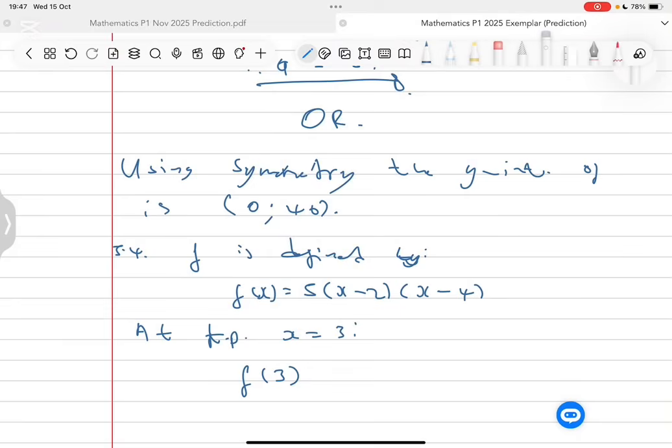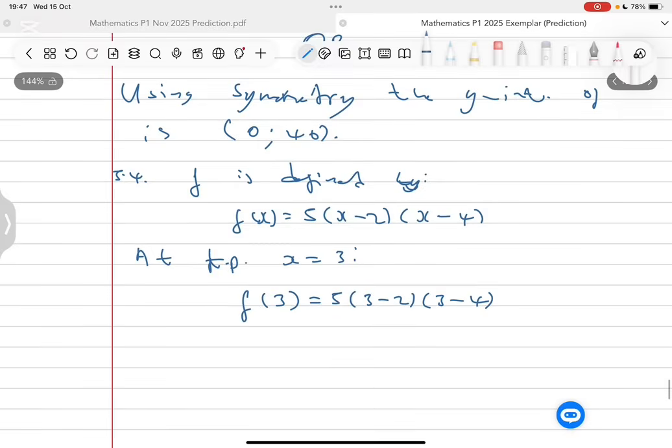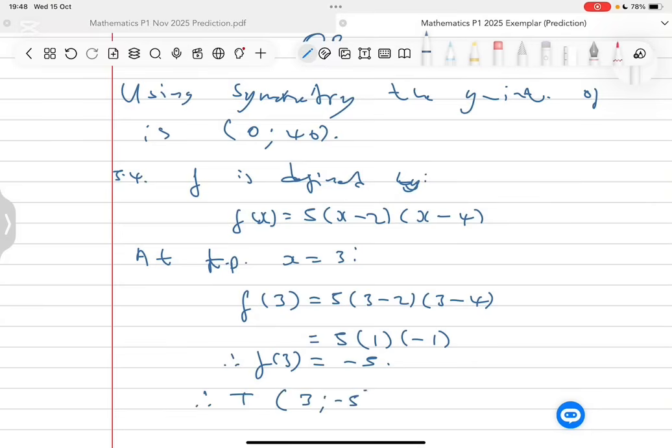So now I'm going to have a 5, a 3 minus a 2 here, a 3 minus a 4. If we simplify this, we can quickly see that we have a 5, a 1 here, and a minus 1 there. This means that my function value at 3 is indeed equal to negative 5. So my turning point should be given by (3, -5).